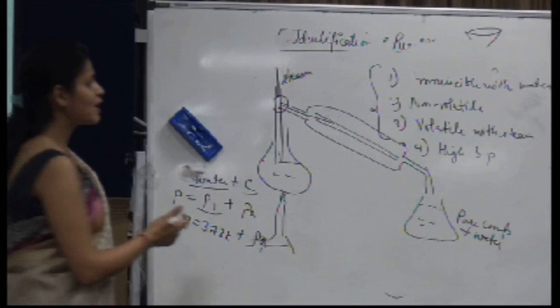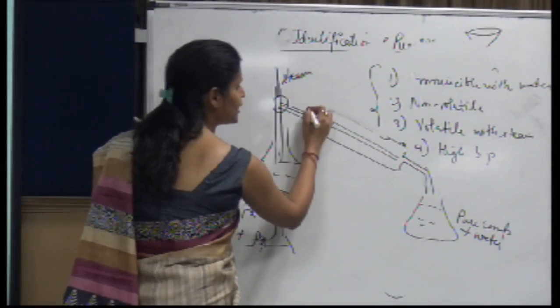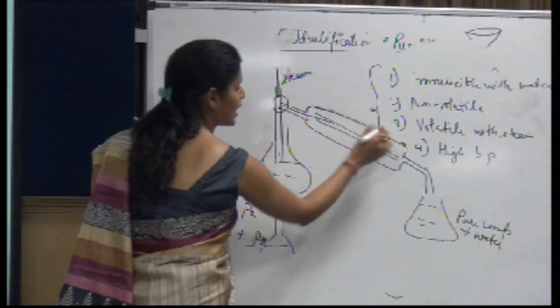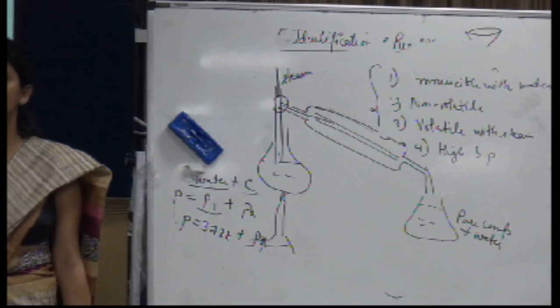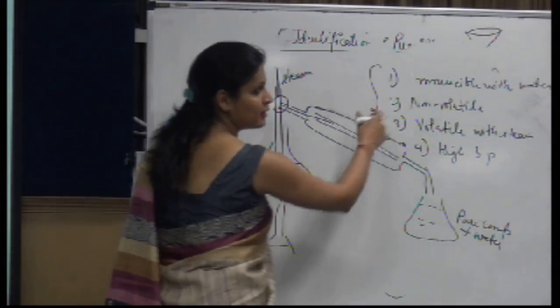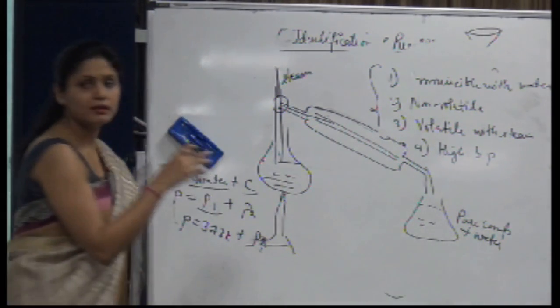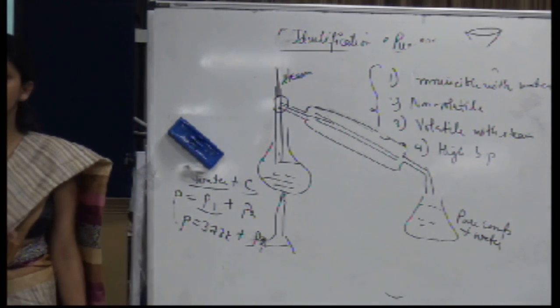So that means I want a temperature where the compound will evaporate at 373 or below it, because I don't want the compound to decompose before it reaches its boiling point, because I am saying that it is non-volatile. So I want the vapors to start forming before its boiling point.